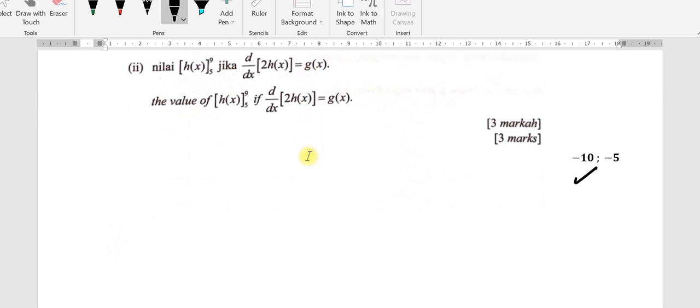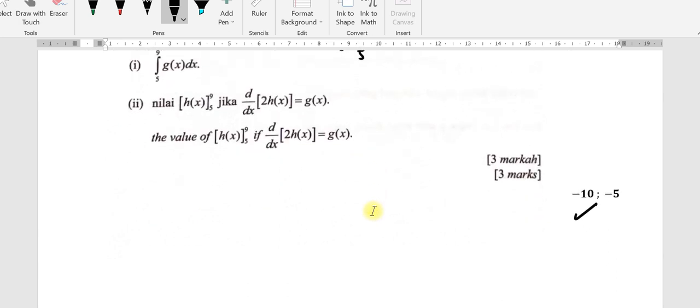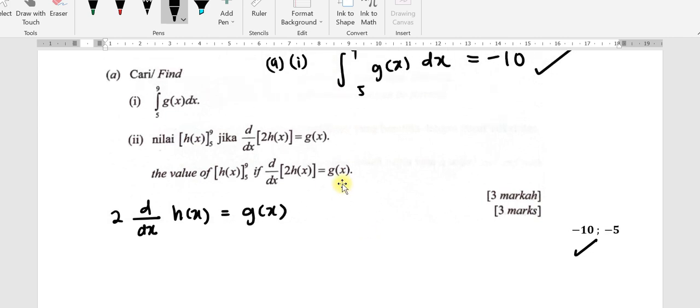And then the second part of the question. Find the value of integral of hx from 9 to 5 if differentiate 2hx equal to gx. Okay. Dahsyat juga dia tanya. Okay. Kita tengok dulu. If differentiate the 2 I take out, hx is equal to gx. Okay.